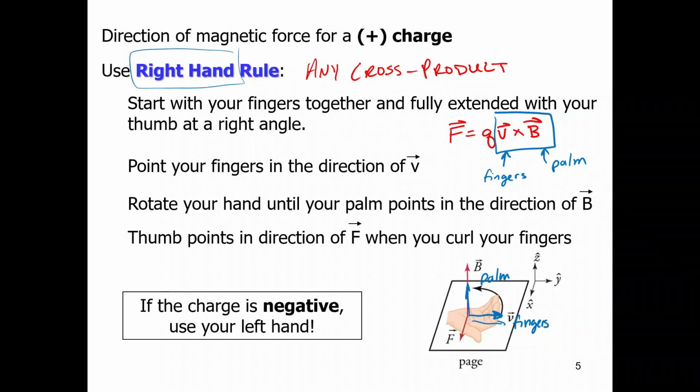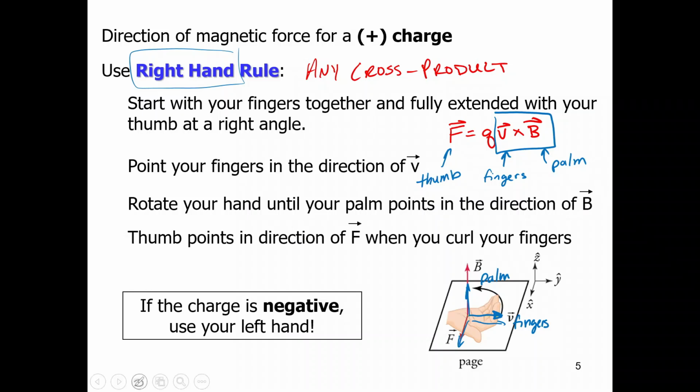I point my fingers to the right, and then I rotate my palm so it's face up. Then where my thumb points is going to be perpendicular to all of those, and that is the direction of F. So F is where the thumb points. Like I said, I have a video of me actually moving my hand, so you'll be able to see it better. It's kind of hard to do it just here in the voiceover.